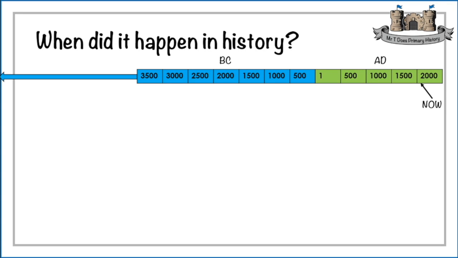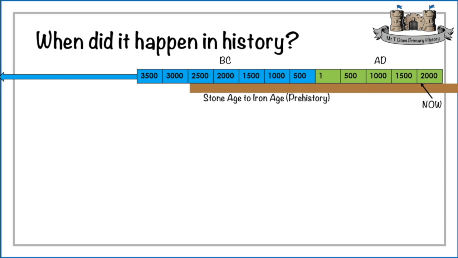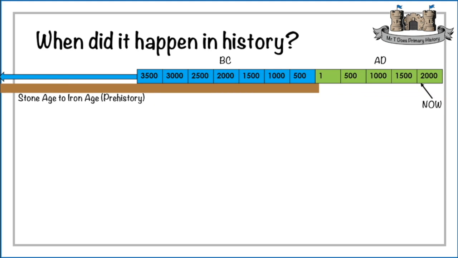When did it happen in history? Now, in history, it's important that we look at it as part of the wider story of history, and we're going to focus on British history, but you will also learn world history, which is really important too. In Key Stage 2, the earliest piece of British history we look at is the Stone Age to Iron Age. That's prehistory.